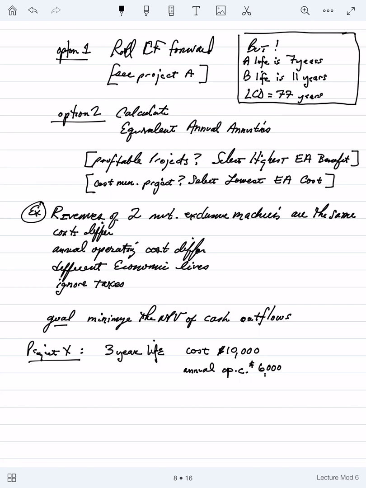And my other project is Y. It's mutually exclusive to the other project. It has a 5-year life. Let's say it costs $20,000, with an annual operating cost of $2,000.